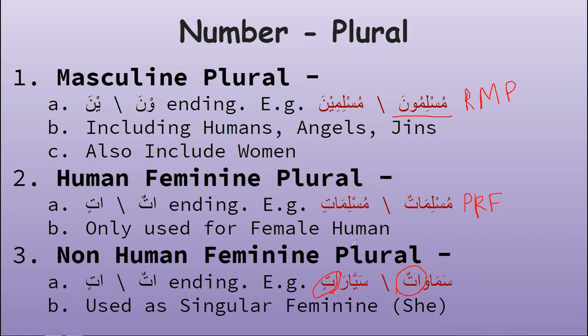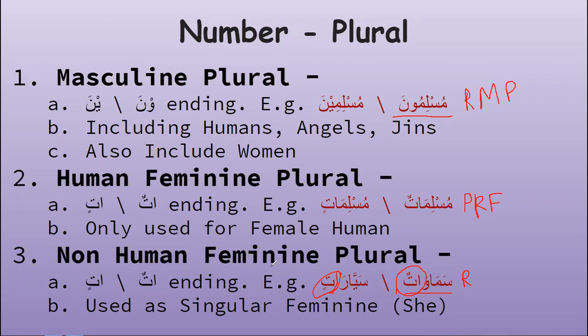But when I talk about the non-human feminine plural and ask you about Samawatun, what are the properties of Samawatun? It's Rafa, no doubt about it, because we studied so far, but it's a non-human feminine plural. And Arabs don't treat the human plural and a non-human plural the same way.